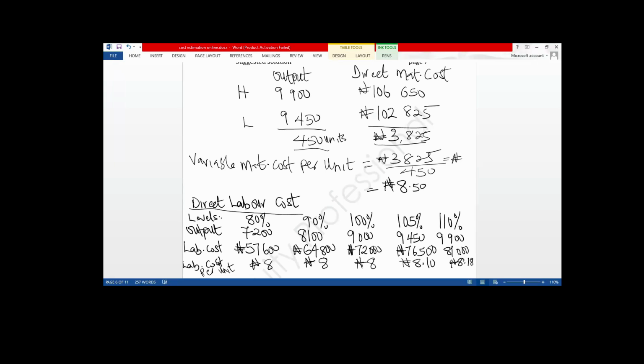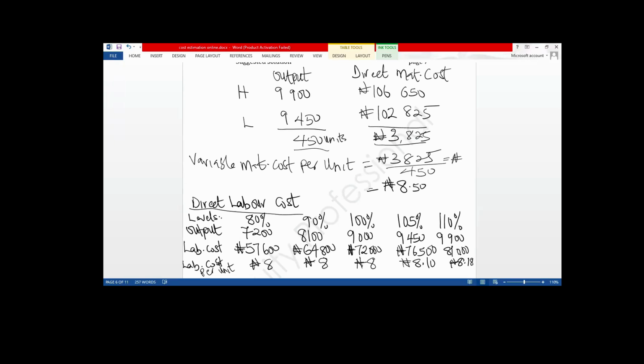You are going to put your comment in a way that the examiner will say that this person understands what the solution is doing. If the production is within 100%, you are just working within 100% capacity. Management is paying you 8 naira per unit produced. If you increase your production above 100%, management is paying you at a higher price.